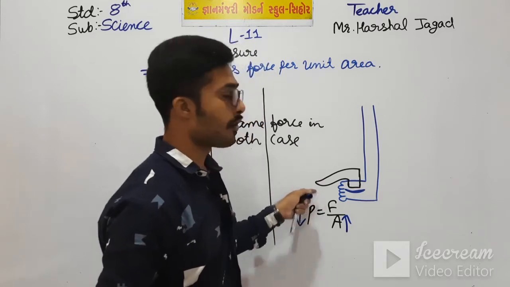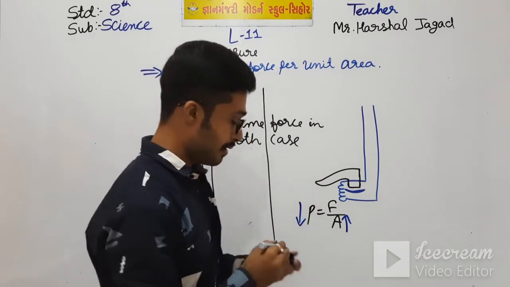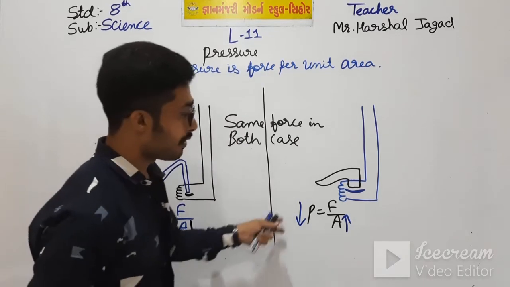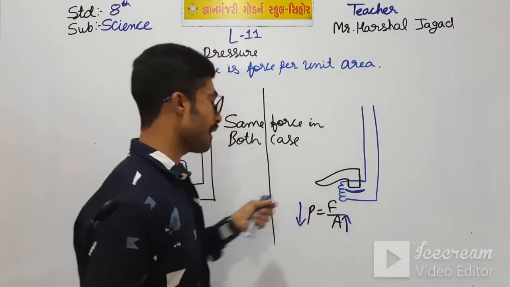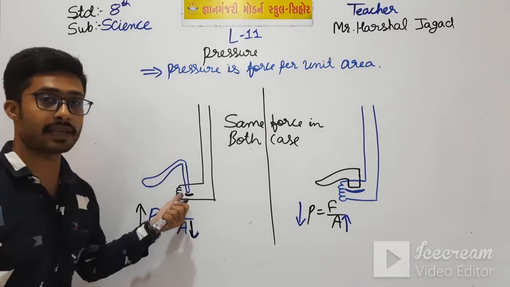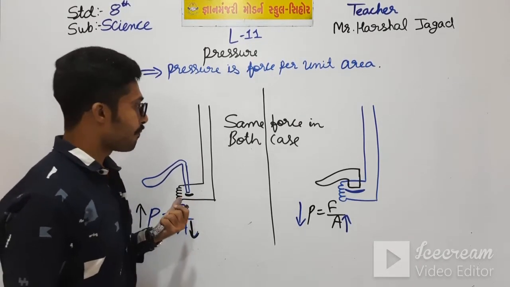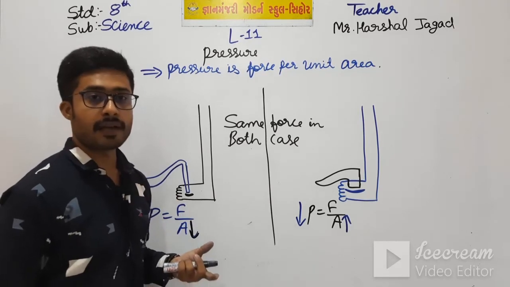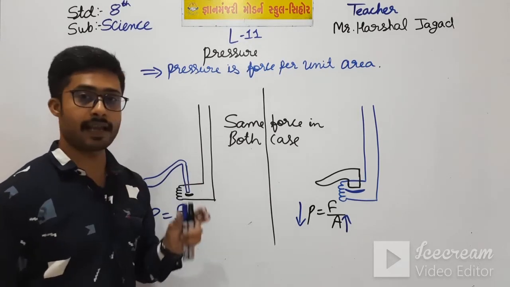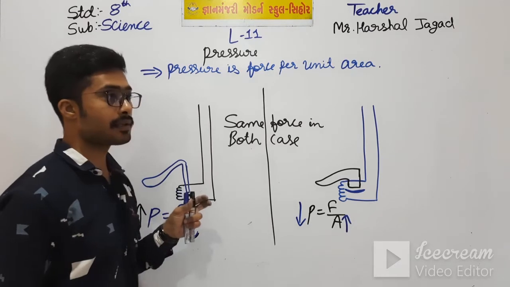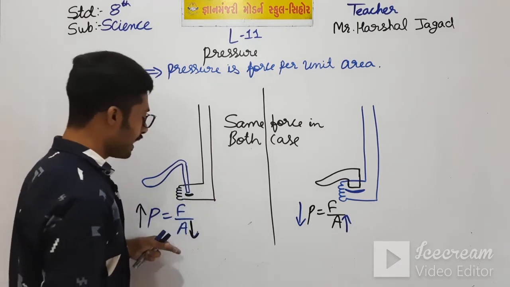So this will not hurt us. Why? Because here the area is more, and there it will hurt because the area is small. We have seen that if the force is the same, the pressure is inversely proportional to the area.